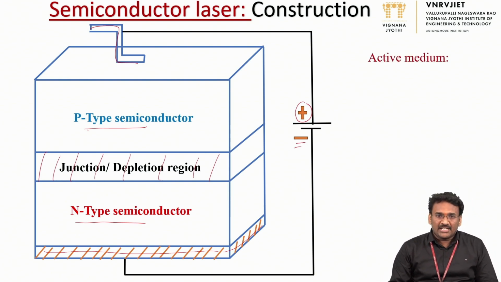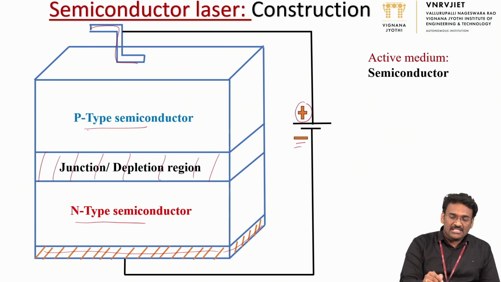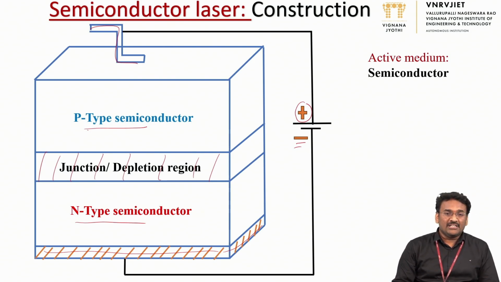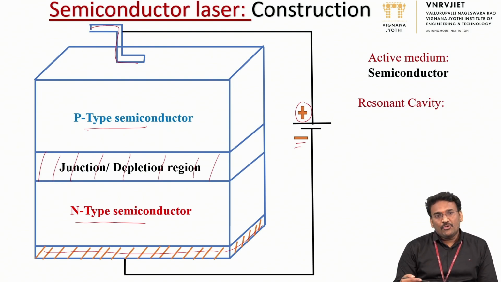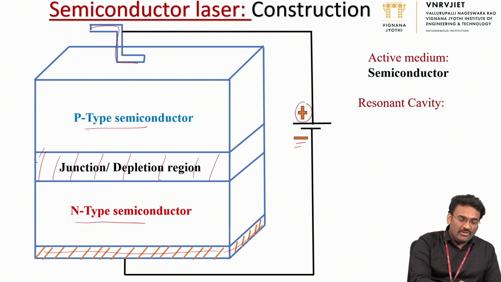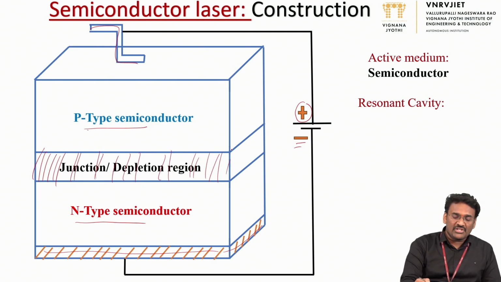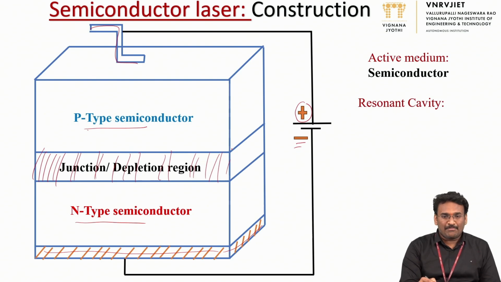Now in this semiconductor laser, the active medium is the PN junction semiconductor, and then the resonant cavity. Generally these semiconductors have good reflectivity, so there is no need for additional mirrors. But if you want your laser to have more intensity, in that case we can use a silvering mechanism or polish this depletion region, one side fully, the other side partially.